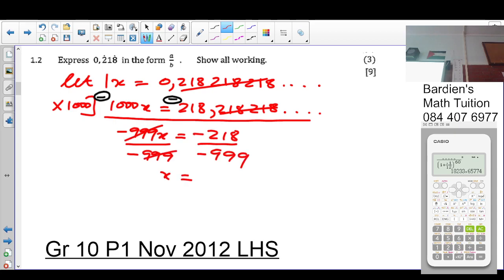So x is equal to negative 218 over negative 999. On a calculator, it gives us 218 over 999. And you get this.